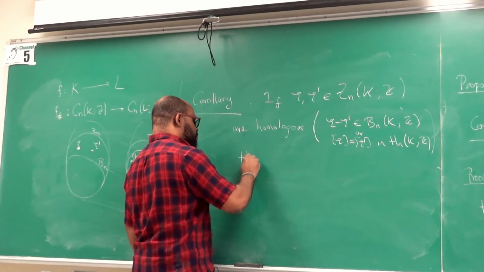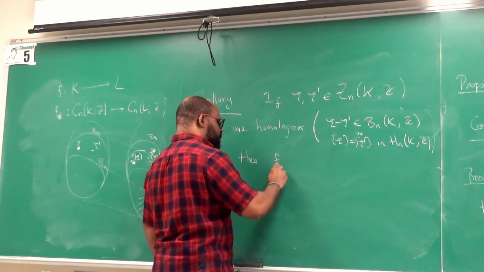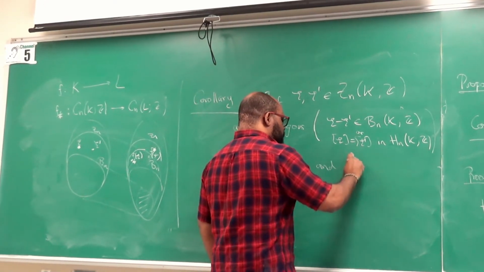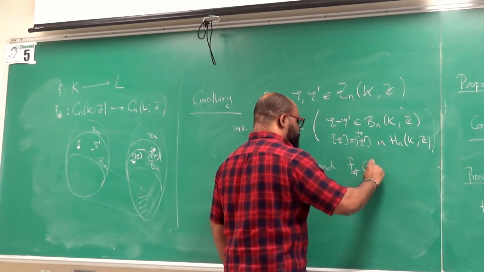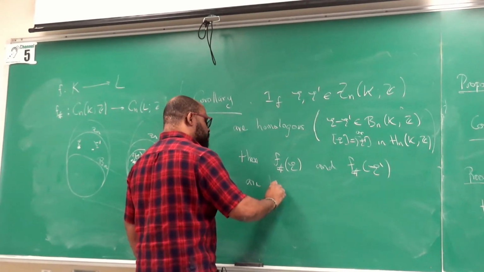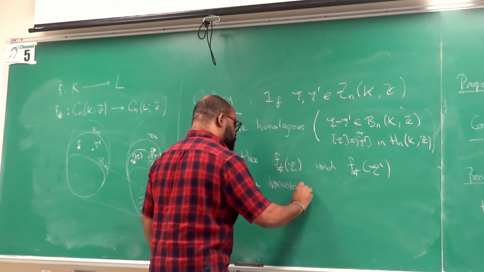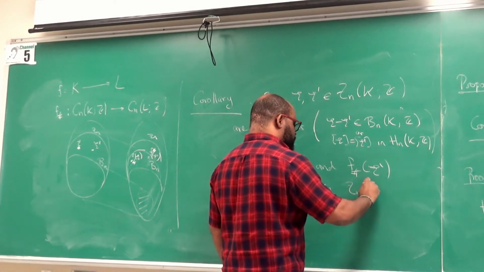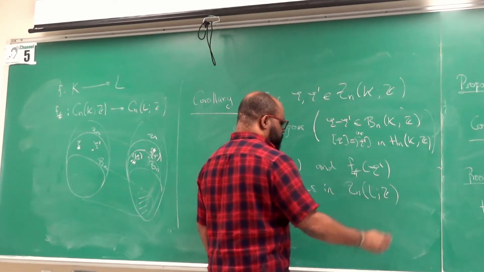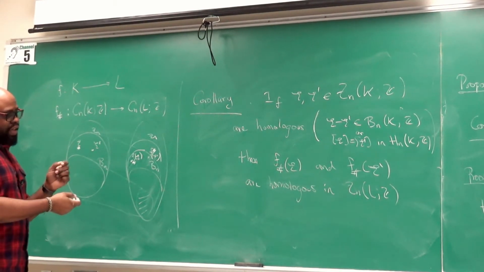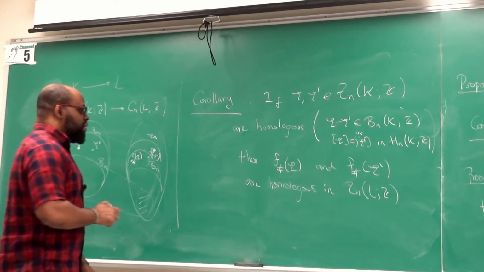Then F sharp of zeta and F sharp of zeta prime are homologous in Z_n of L. So F sharp is taking homologous cycles to homologous cycles.